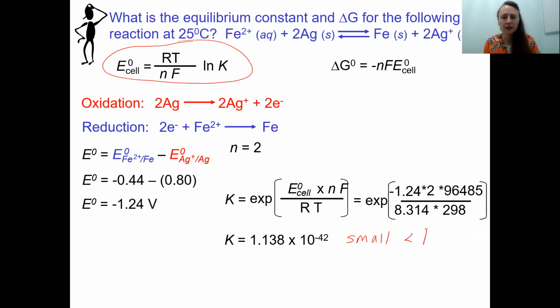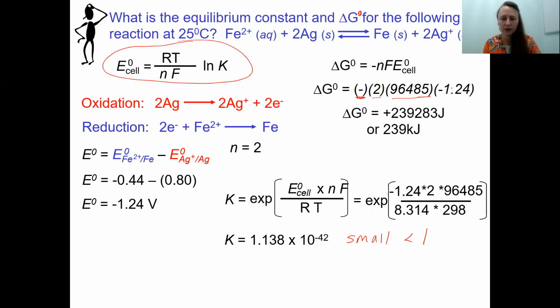All right, let's calculate delta G. Technically we're calculating the standard delta G. It's related to negative NFE. We've already calculated the standard cell potential, so we can plug in our values. Don't forget your negative. The number of electrons was 2, and we have 96,485, and the cell potential was negative 1.24.